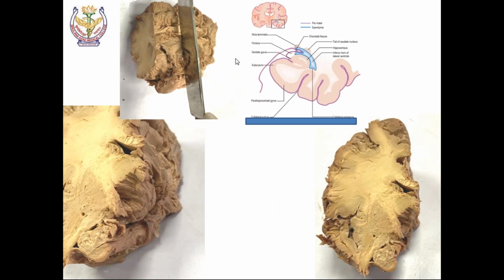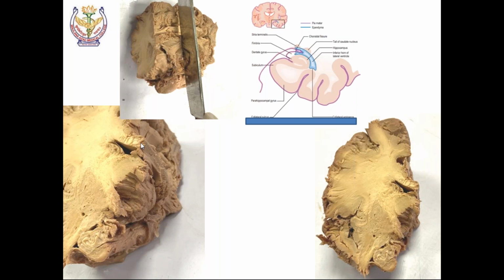Now this diagram, let's see, this is what we did. This is the medial surface of that cut section of the right cerebral hemisphere. You've got to believe me, this is anterior and this is posterior. And somewhere here, if you can identify, this is the corpus callosum. So the knife went through over here.